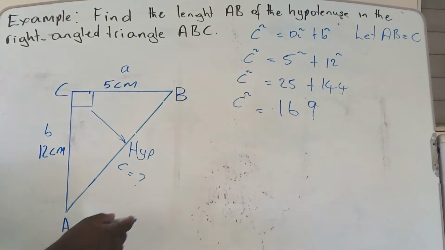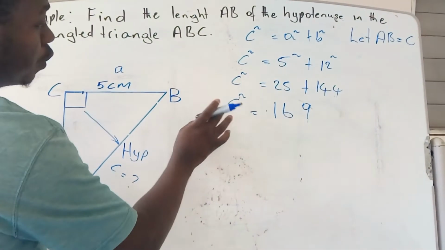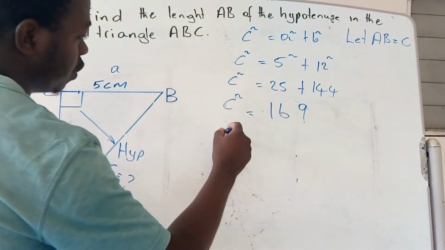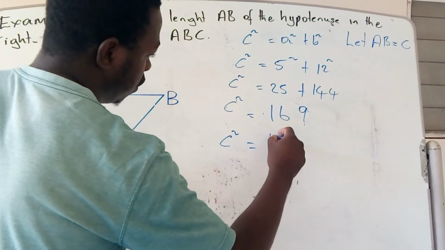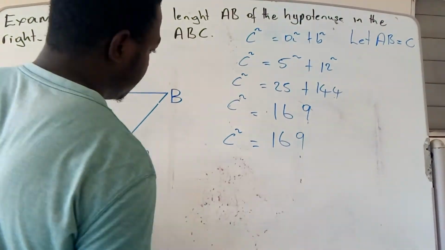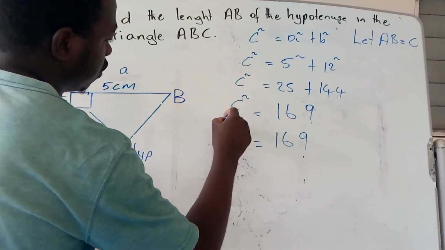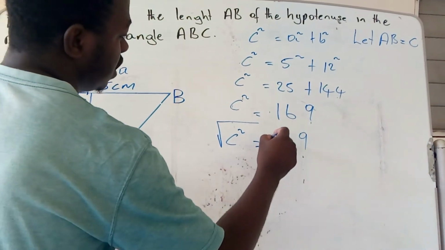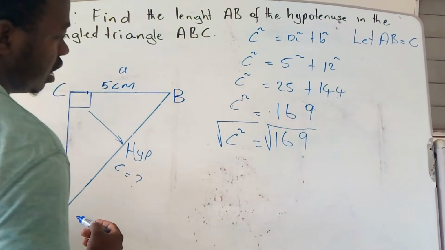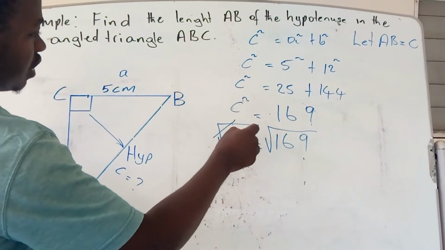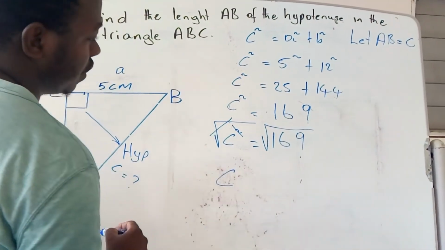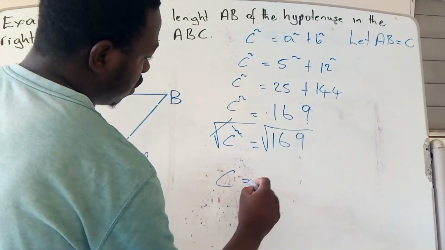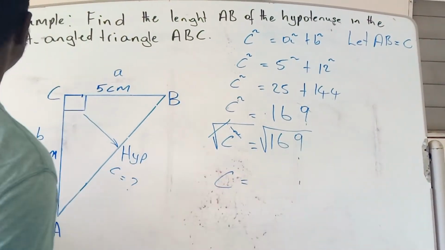Here we need to square root both sides because we don't need the square. So write back what we have, which is C squared is equal to 169. Then you take the square root of this side and you take the square root of this side. Now this square root sign is going to cancel out the square sign, so you're left with C here. And C is equal to the square root of 169.